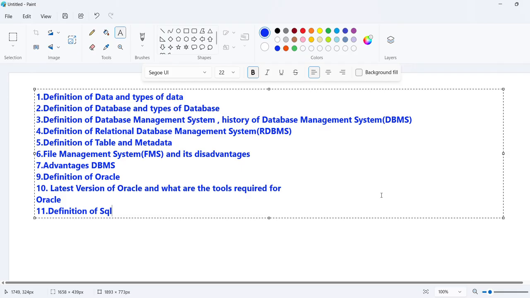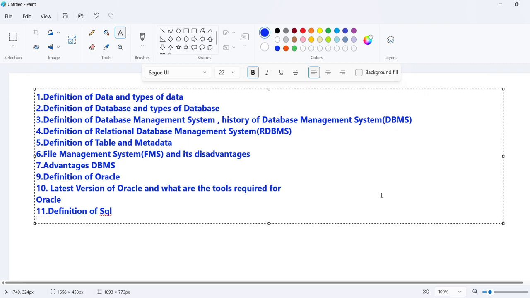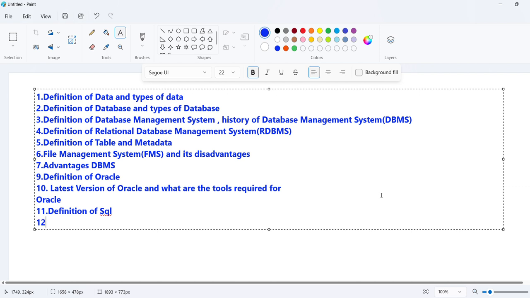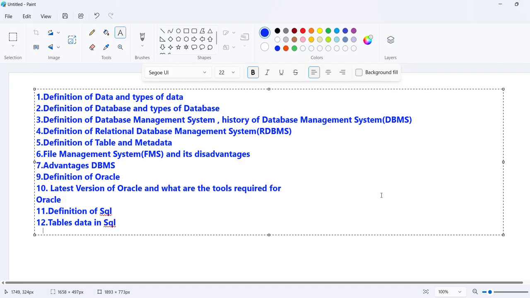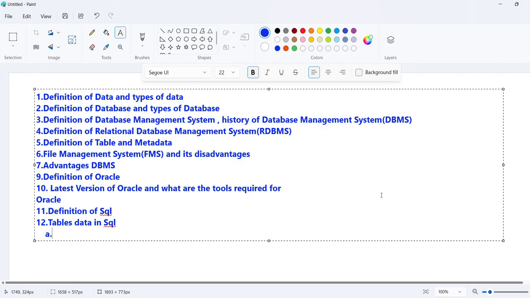Then we will discuss more about SQL, that is, the syllabus of SQL, that is, tables data in SQL. Tables data in SQL contain some important topics, that are SQL commands.